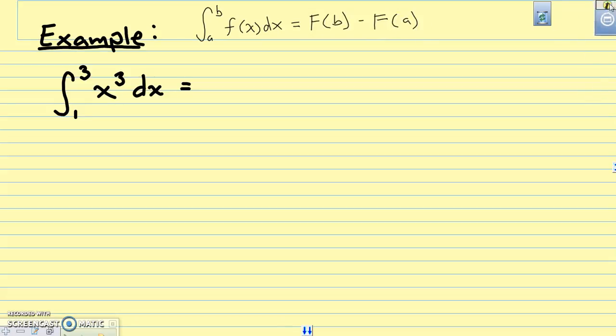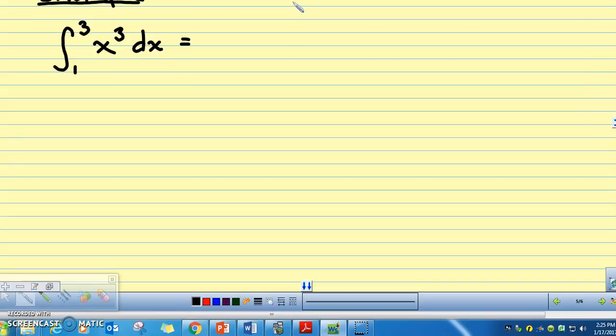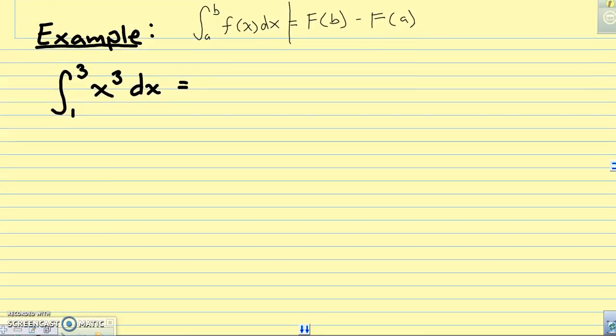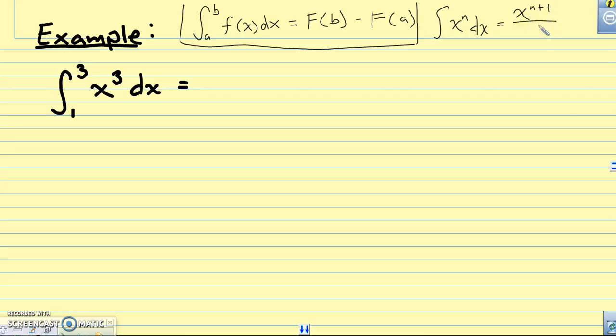And I'm also going to include what we learned at the end of first semester, which was integrating x to the n dx is the power rule, x to the n plus 1 over n plus 1.